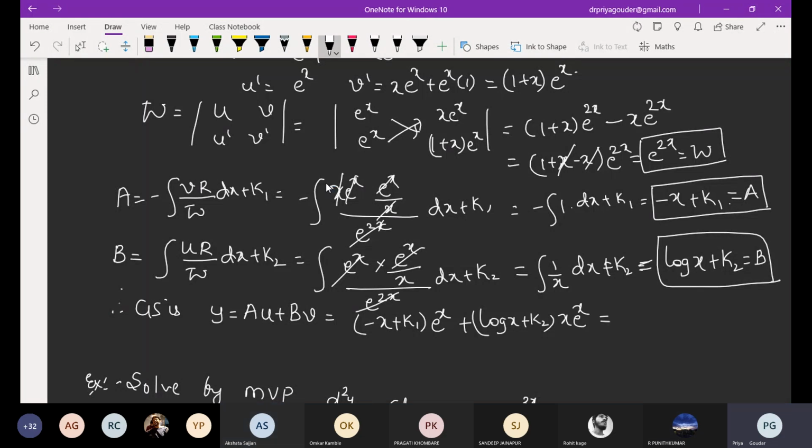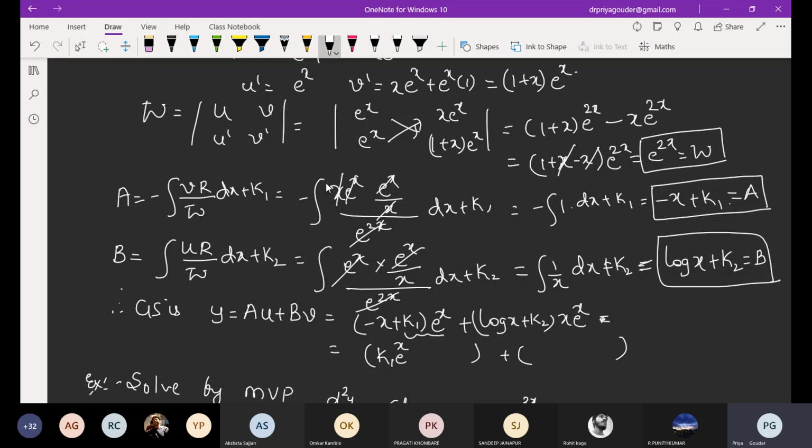Now what you do here, you collect in the first bracket the terms containing K1, K2 and in the second bracket remaining terms. Tell me what are the terms containing K1? K1 e raised to x.